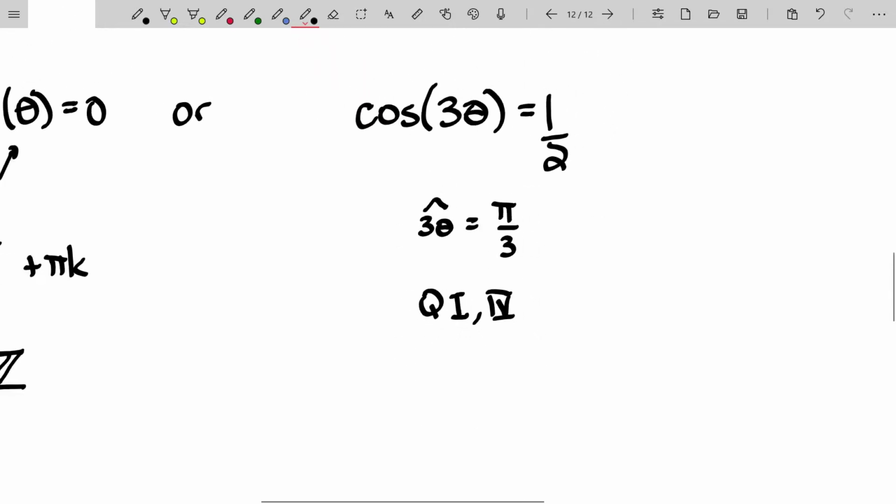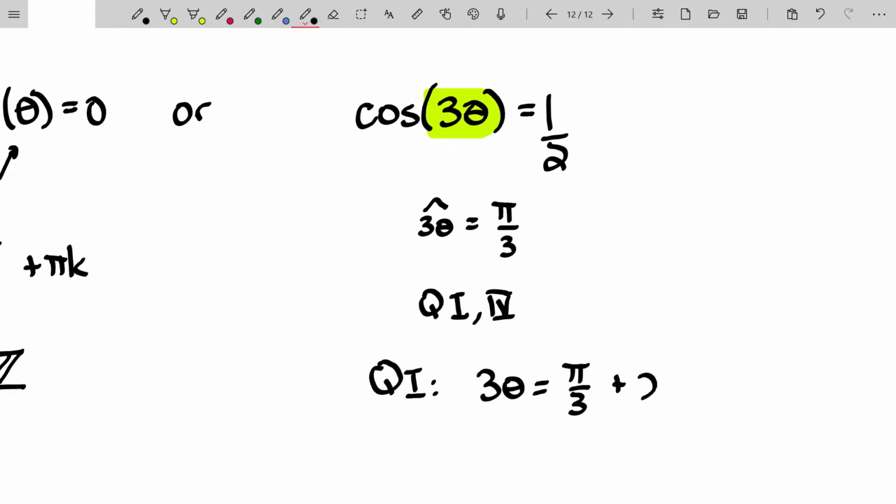So the solutions to this equation, in quadrant 1, reference angle of pi over 3, that means the actual angle, which is 3 theta in this case, is going to be pi over 3 plus 2 pi k. Again, k is just in the integers.